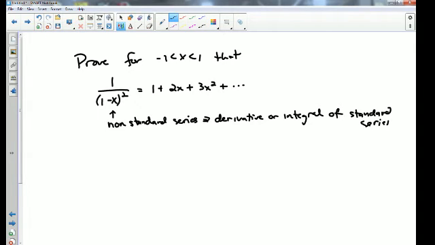So again, if you see something that we don't have memorized, that's probably going to be a derivative or an integral of something that we have memorized.